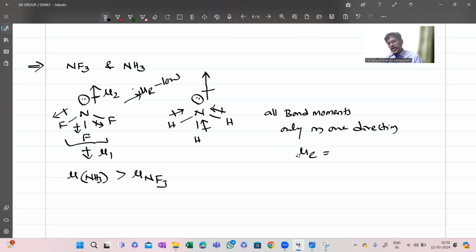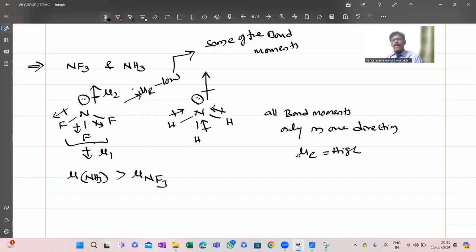Then mu resultant is high. But in the case of NF3, why is the mu resultant low? Some of the bond moments are neutralized.